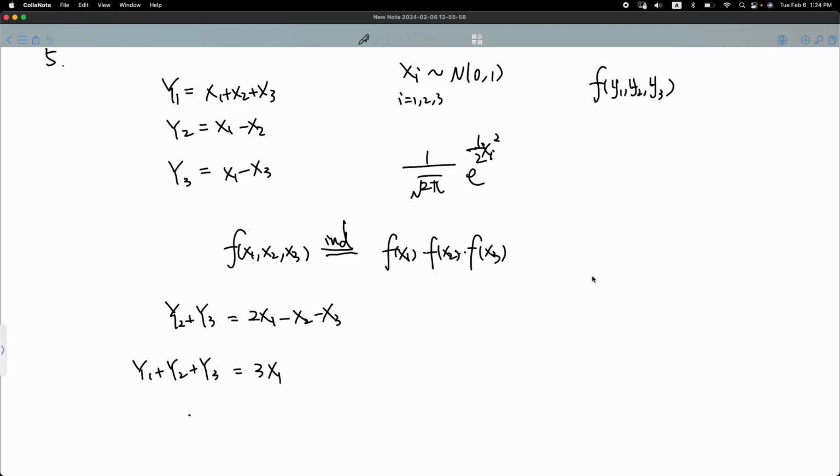Okay, so here we get x1 is 1 over 3 times y1 plus y2 plus y3.